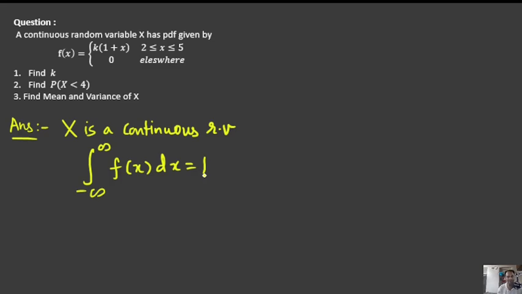Now see, what this means is that you have to integrate your function entirely over the number line, from minus infinity to infinity, the real number line. Suppose here we have the interval from 2 to 5.